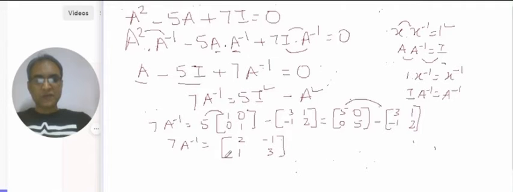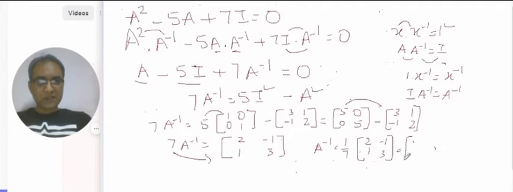Now our aim was to find the value of A inverse. So take 7 to the denominator. Hence A inverse becomes 1 upon 7 into the matrix 2 minus 1 1 3. Or you can take this 1 upon 7 inside the matrix.